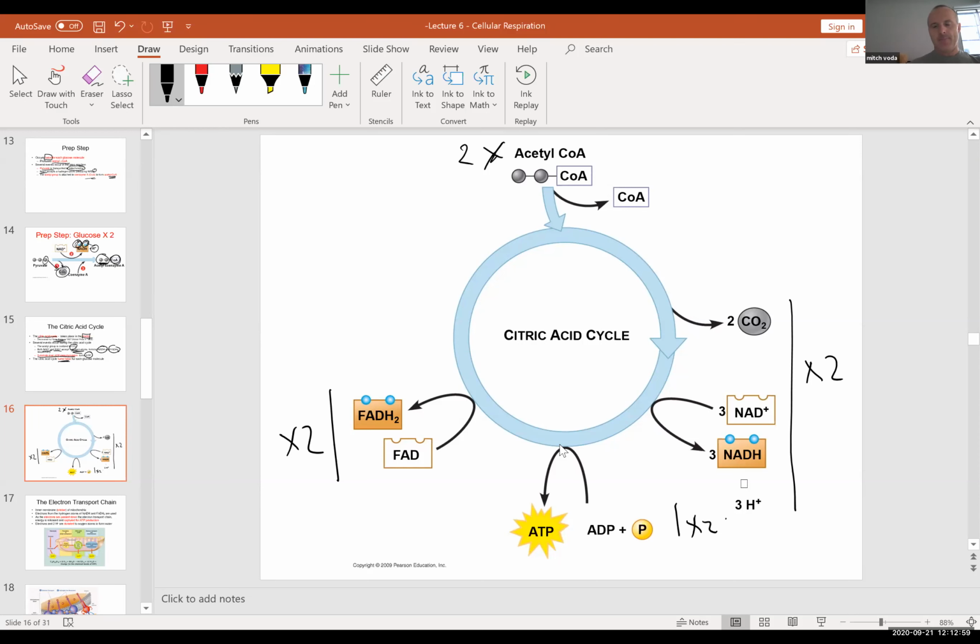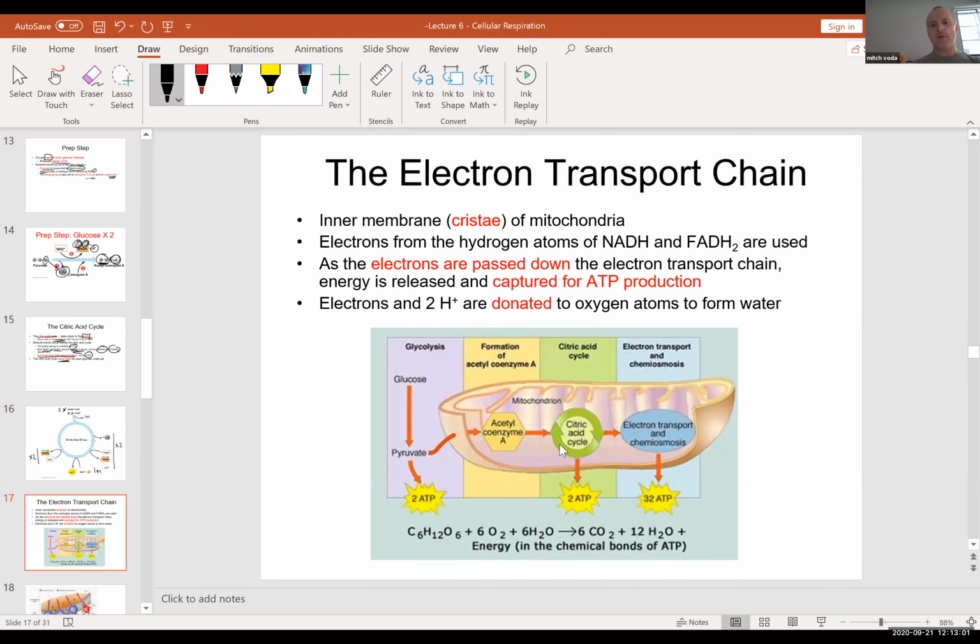All right. Now, the last step, which is not very complicated, but a tad bit different. All these NADHs, so let's go here because I have a figure here.